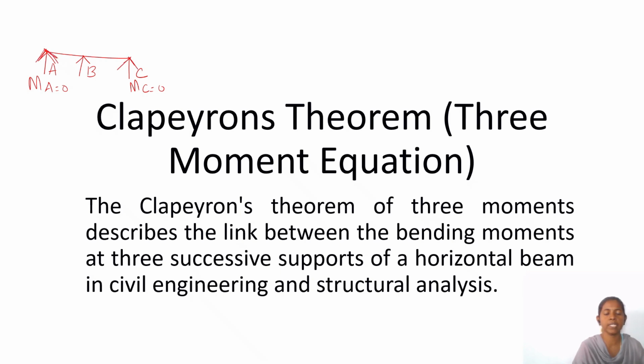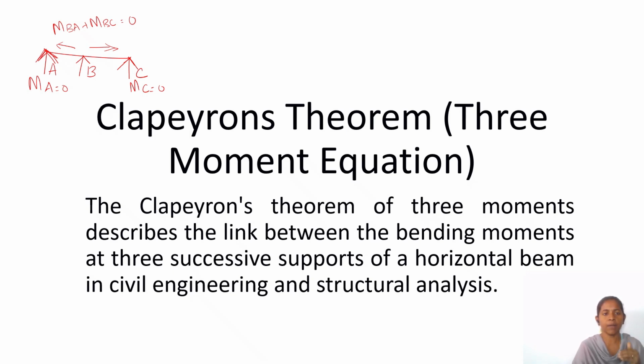But at B, even though it is simply supported, there will be some moment towards B to A and some moment towards B to C. If you sum up MBA and MBC, then only it will become 0.